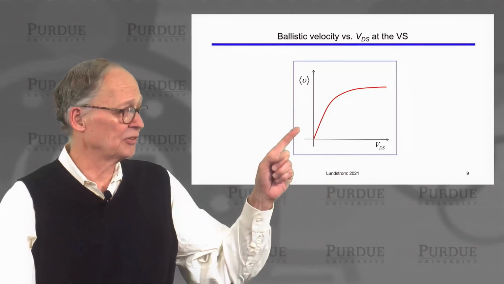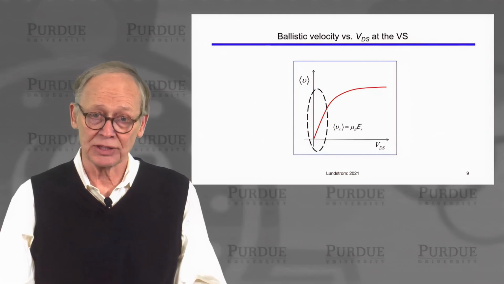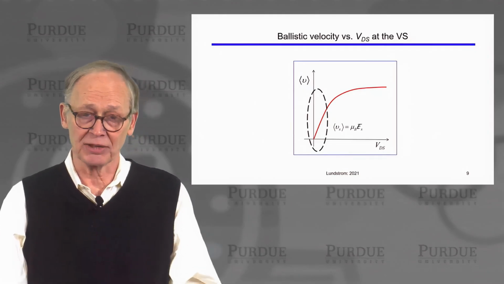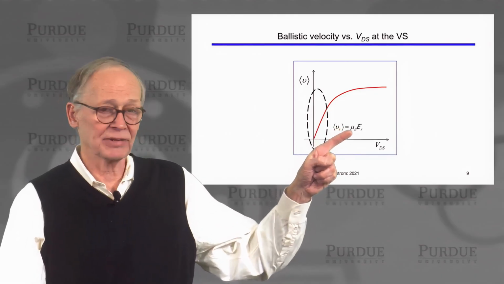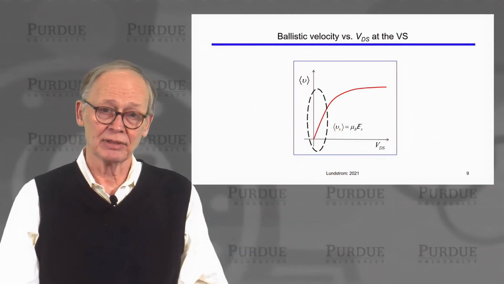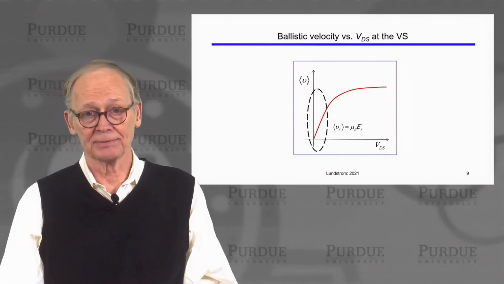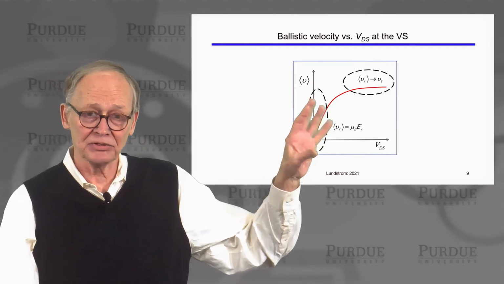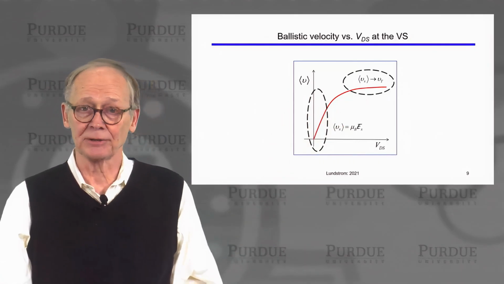And we'll find that the velocity first increases linearly with drain voltage, or with electric field, which is drain to source voltage divided by channel length. But instead of the velocity being the conventional mobility times electric field, the velocity is the ballistic mobility times the electric field. And then the velocity saturates under ballistic conditions at the top of the source, at the virtual source, top of the barrier.